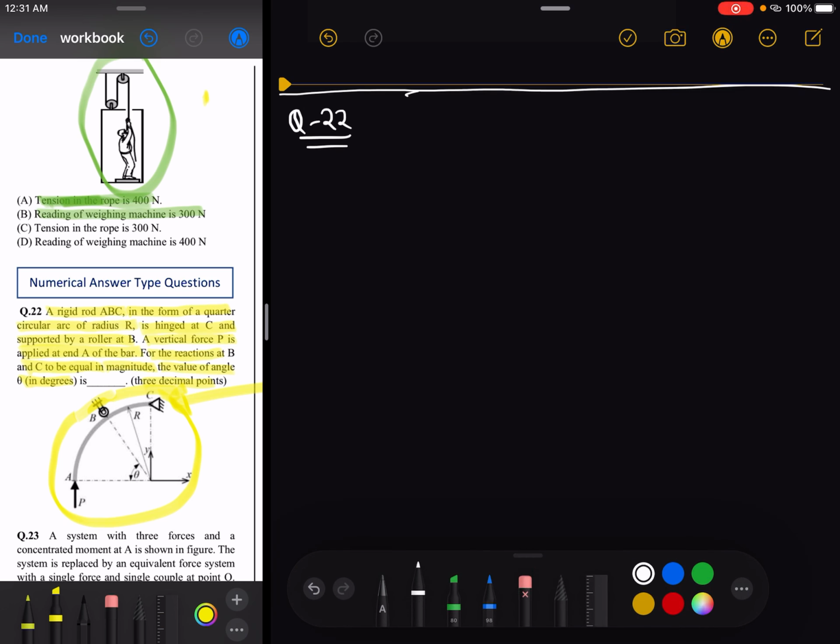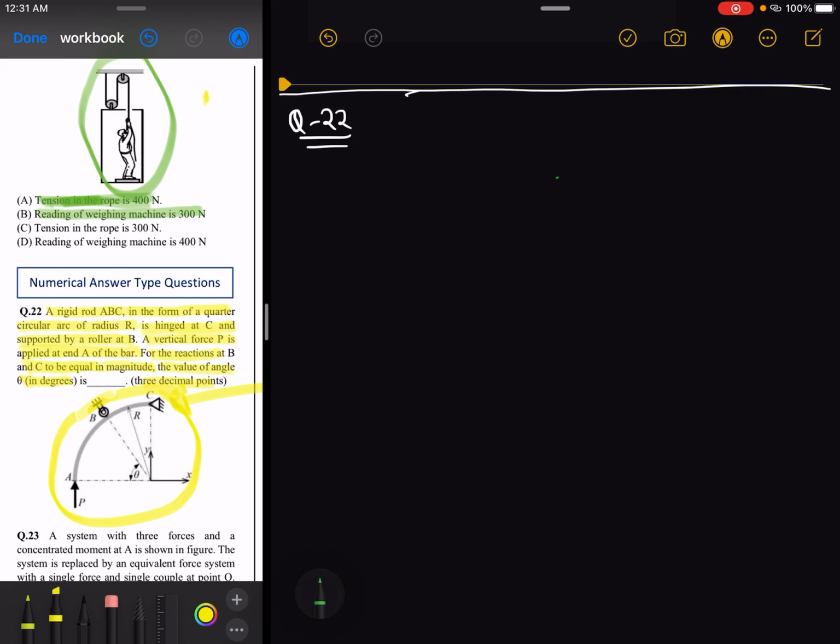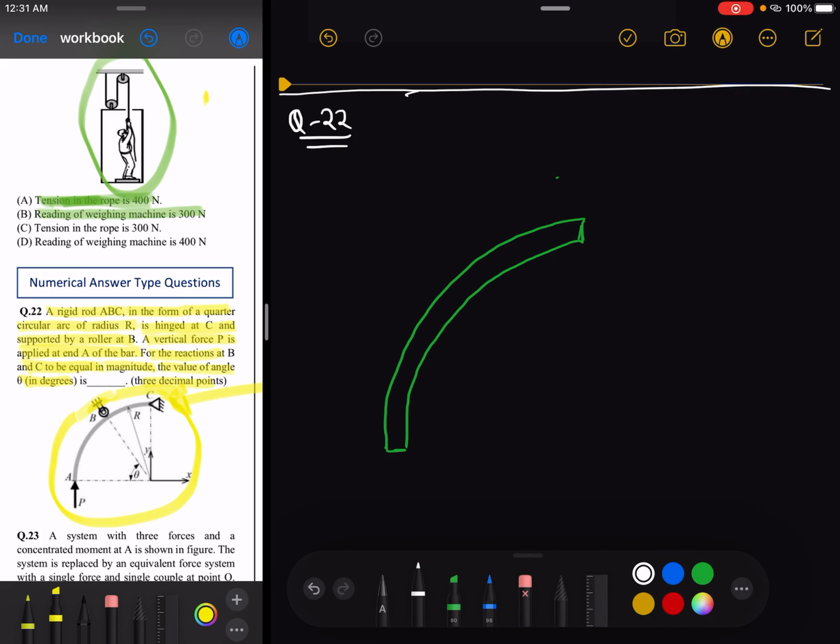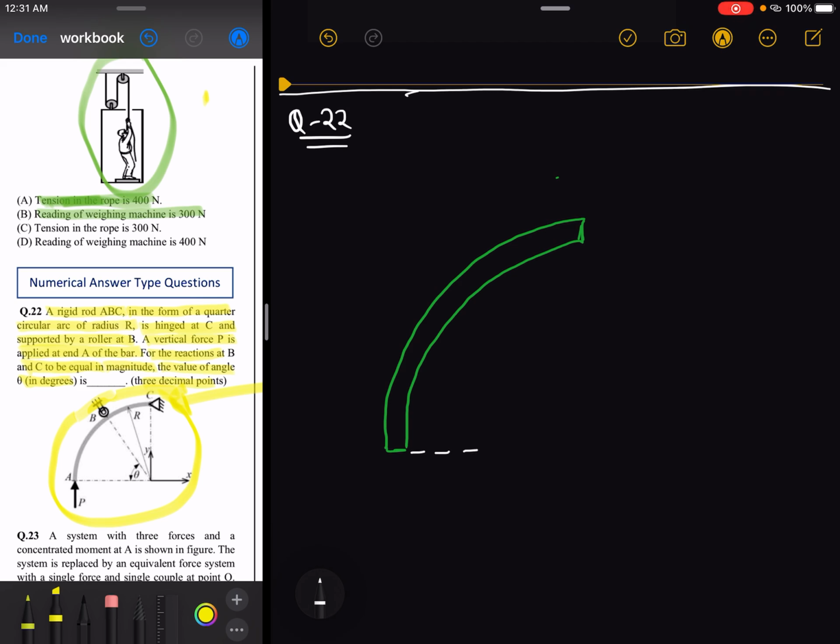First of all, let us make the figure for this question. This is a semicircular arc like this. I am making this figure, and you should also make this figure in your notebook along with me.